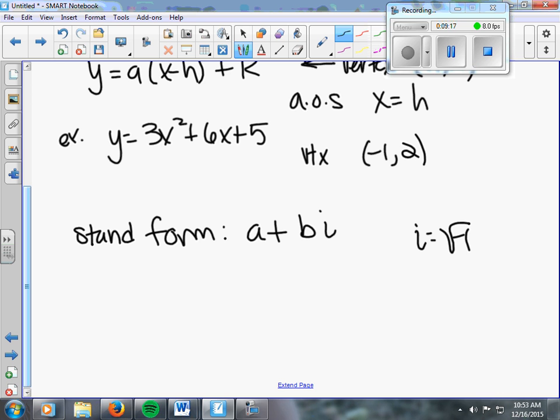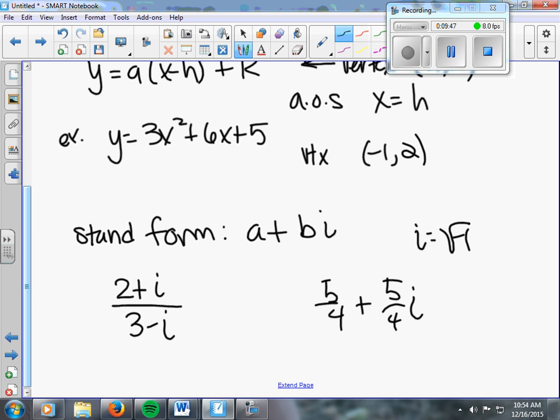That is the imaginary component, and a is the real component. We're going to do more on complex numbers at the end of the year. But here's an example. Put this number (2 plus i) over (3 minus i) in standard form. That involves multiplying by the conjugate. I believe that the answer will end up being 5/4 plus 5/4 i when you're done.